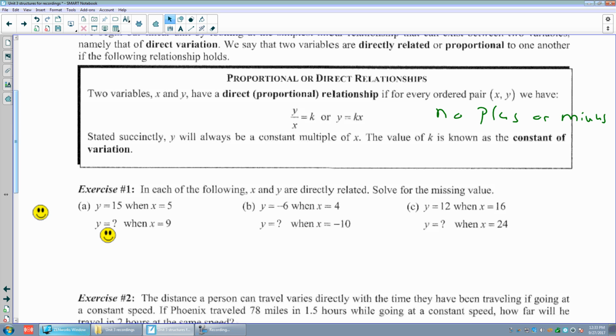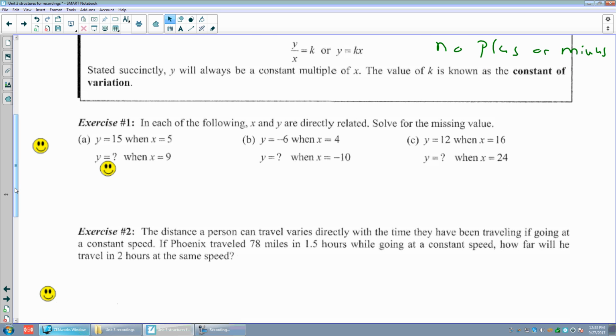Here we go. In each of the following, x and y are directly related. Good! We immediately know y equals kx. Solve for the missing value. Put down y equals kx, plug in: 15 equals k times 5.